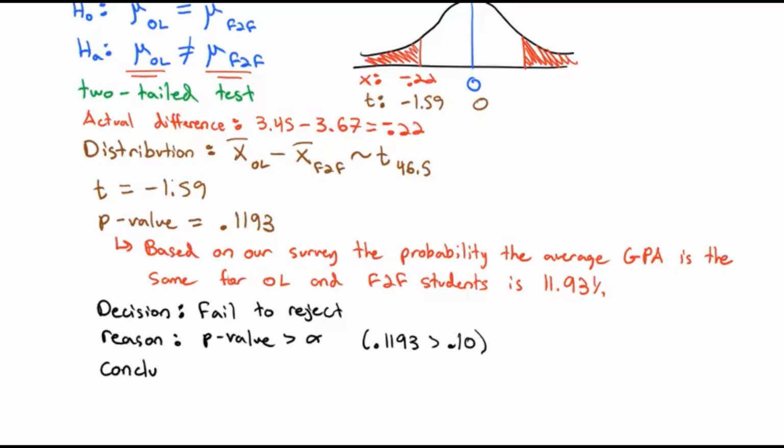And so for our conclusion, in context, because we failed to reject, we say there is not sufficient evidence to conclude, and then we state the alternate hypothesis in context, that there is a difference between the means.